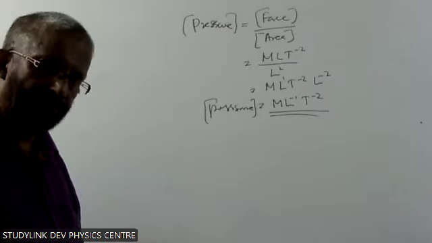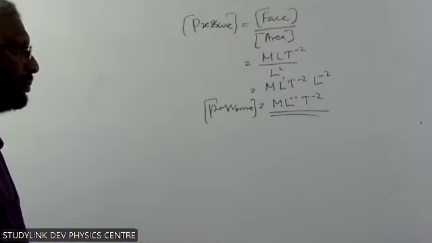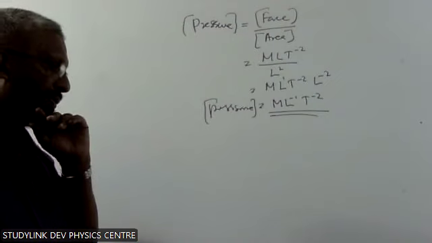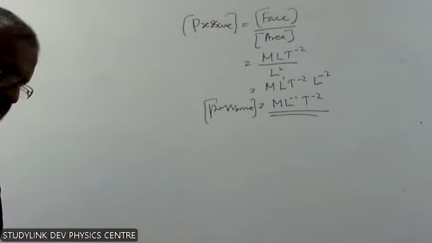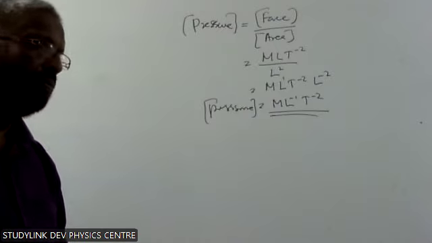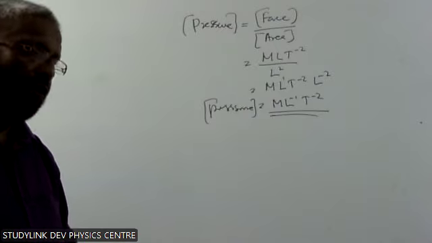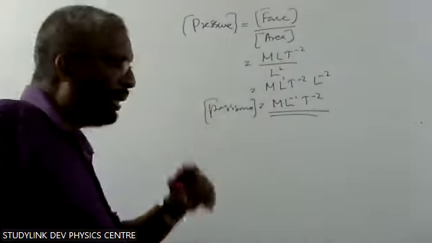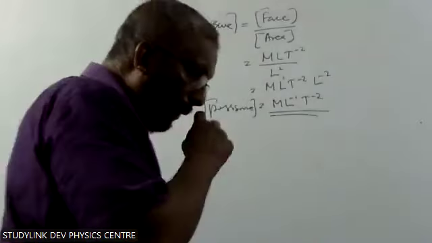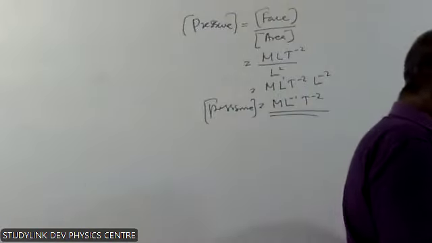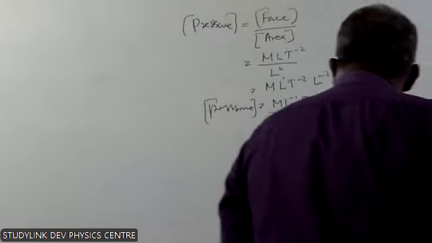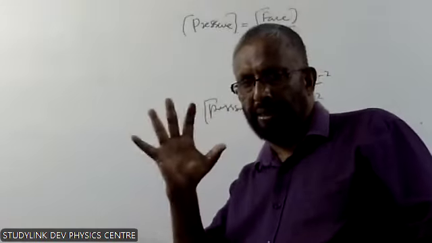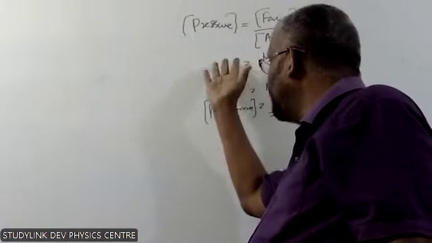Next situation. Now it is easy to find this. If you know the definition and the word equation, you can find the dimension. For the 7 main base units, we have dimensions.